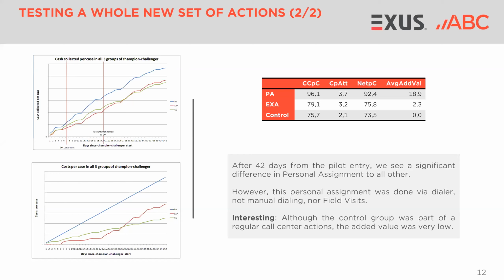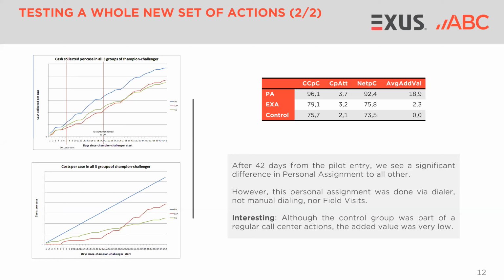So the calls, I think it's obvious that the calls are very important to do. But what's really interesting is that if we assign personal collectors who introduce themselves, and the same person calls the same person again and again, we see a significant jump in the recoveries.